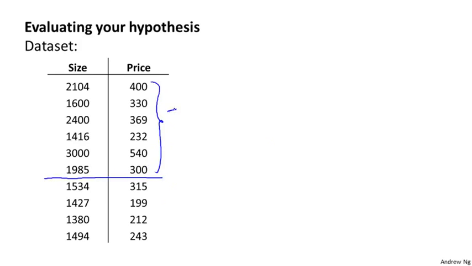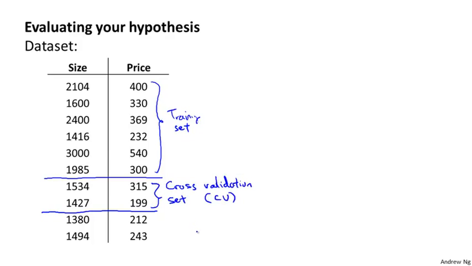The second piece of this data I'm going to call the cross-validation set, and I'm going to abbreviate cross-validation as CV. Sometimes it's also called the validation set instead of the cross-validation set. And then the last part I'm going to call my usual test set.